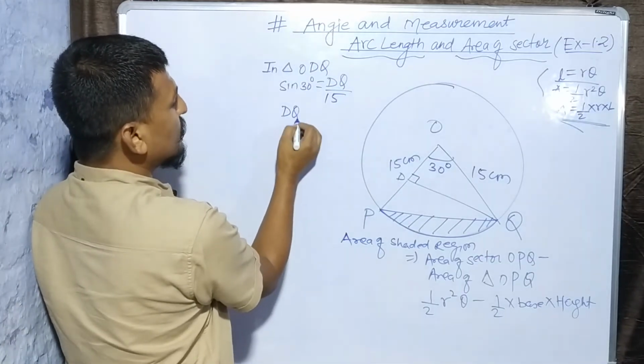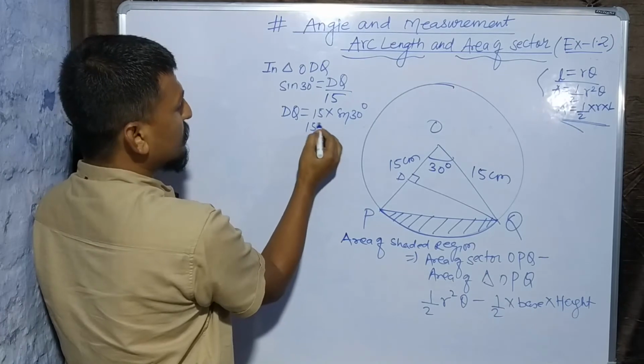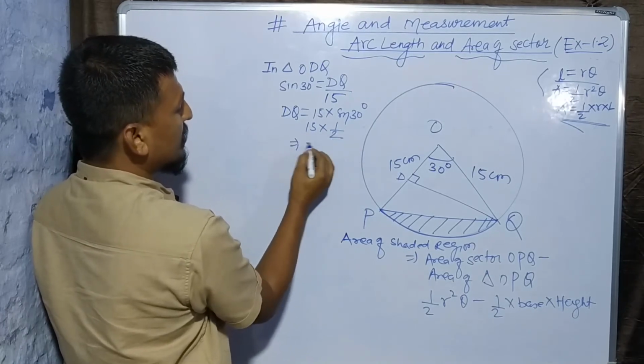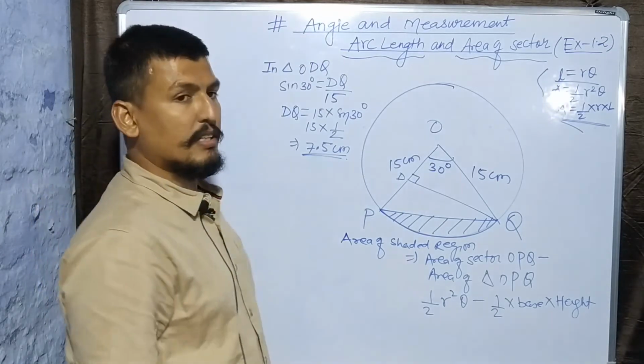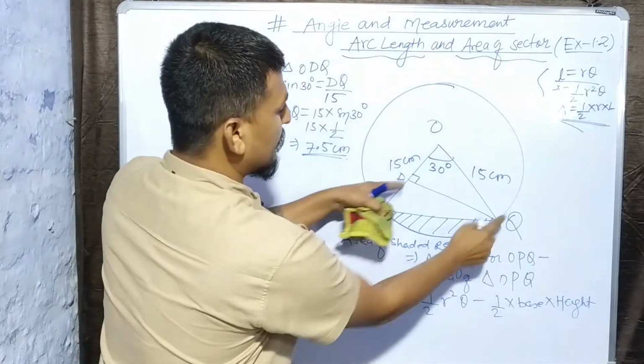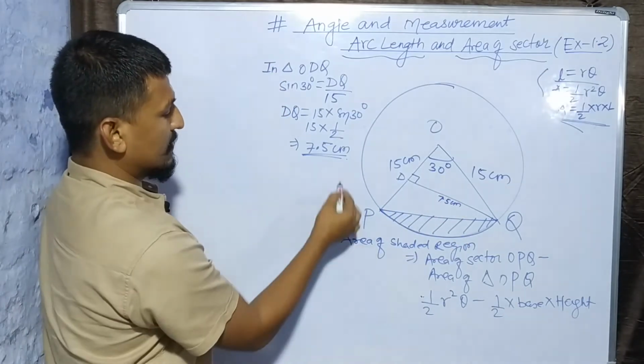So DQ is 15 into sine 30 degree. 15 into sine 30 is half, so this becomes 7.5 centimeter. So the height of the triangle is 7.5 centimeter.